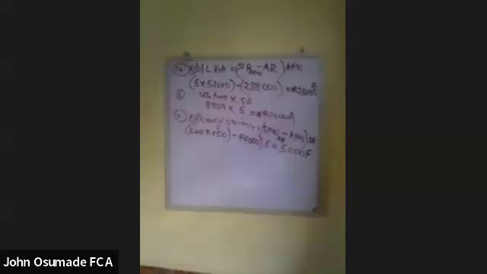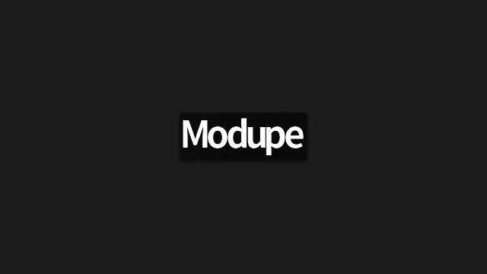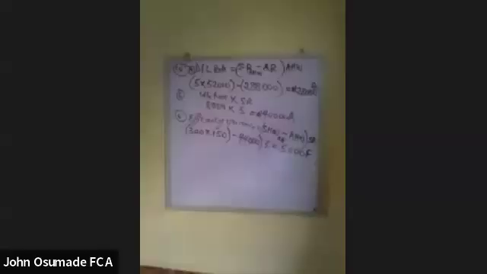Now, don't forget that I told you if you add all the variances for efficiency, idle time, and rate, you will get the total variance of the direct labor.